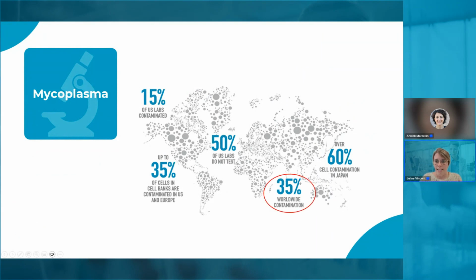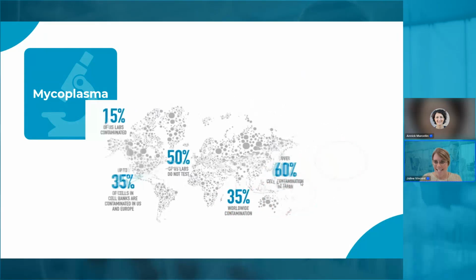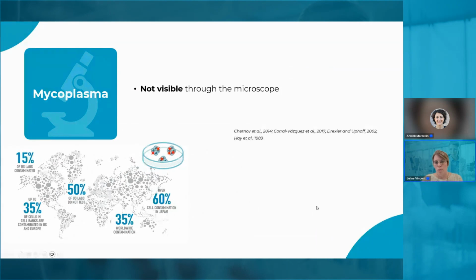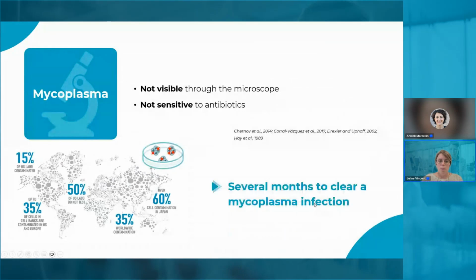And this tiny bacteria is invisible through the microscope, and it is not sensitive to antibiotics. And yet, in the event of mycoplasma contamination in a laboratory, it can take several months to eliminate the contamination and restore your cell line to good health.